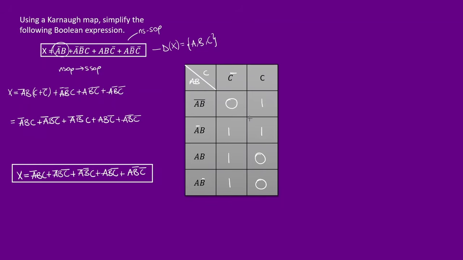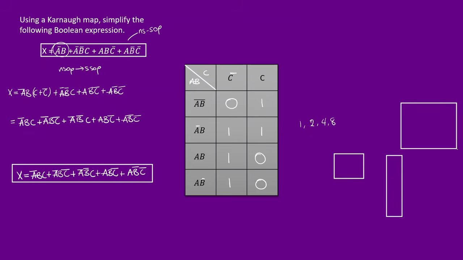So what do we do here? The idea is now to find what we call the prime implicants. We covered some rules for doing this in an introduction video, which I will also link as a card in the top corner. What you have to do is find a group of ones that contain 2, 4, or 8 members, or it could be standalone. So you have a set of rules. You're looking for a rectangle, could be 2 by 2, could be 4 by 1.